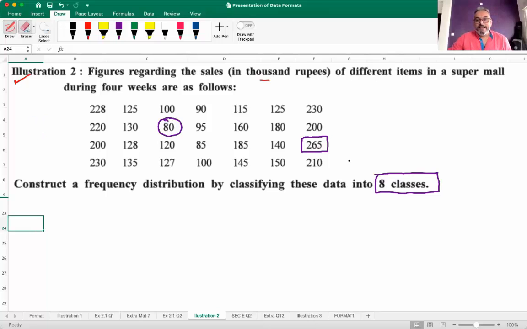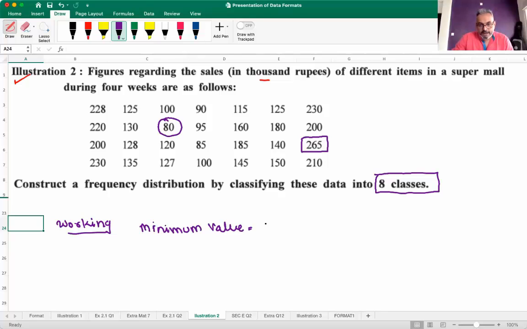Now minimum is 80 and maximum is 265. So we'll do a working. You also write with me. First, we write down minimum observation or minimum value.